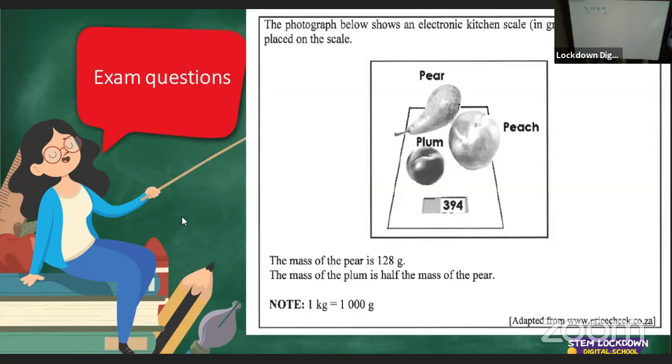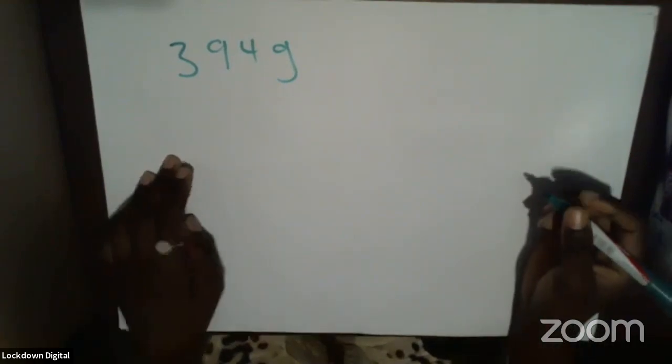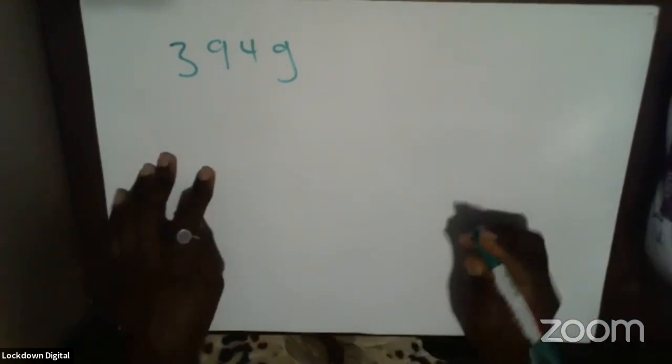This is the mass of the fruit. So we need to convert this to kilograms. So what do we know? We can use simple proportion, guys, if you're familiar with simple proportion.